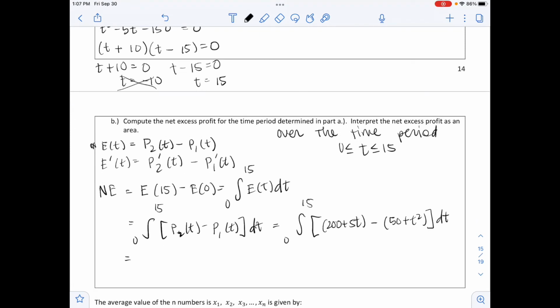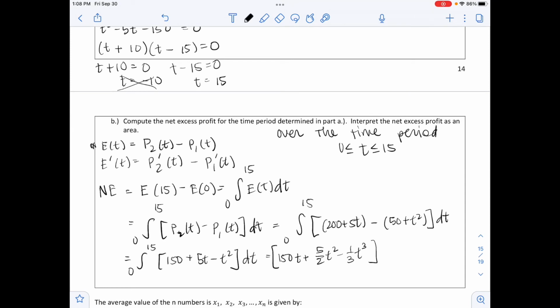So from here we can simplify our integrand. We're going to have from 0 to 15 of 150 plus 5t minus t squared, integrating with respect to t. And so integrating this, we get 150t plus 5 over 2 t squared minus 1/3 t cubed.